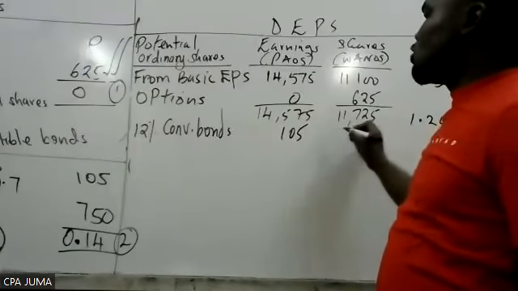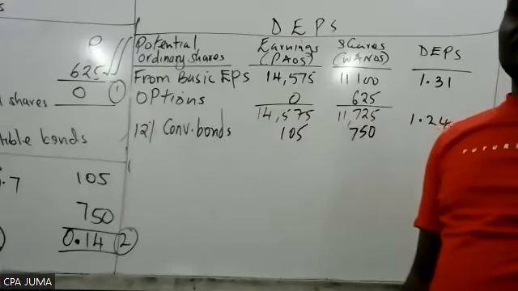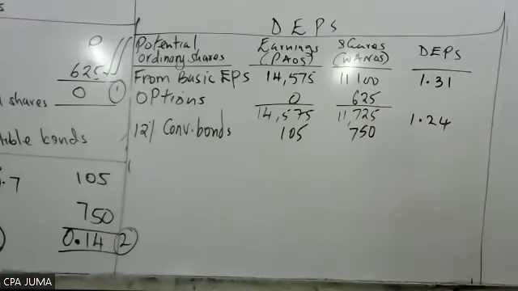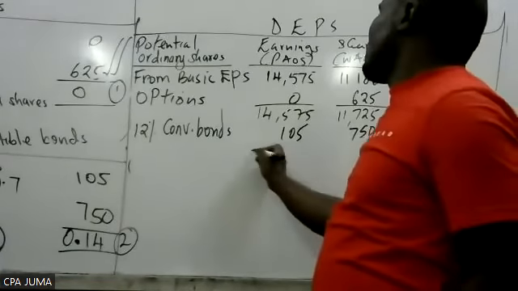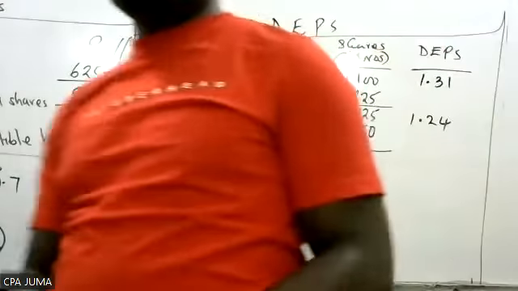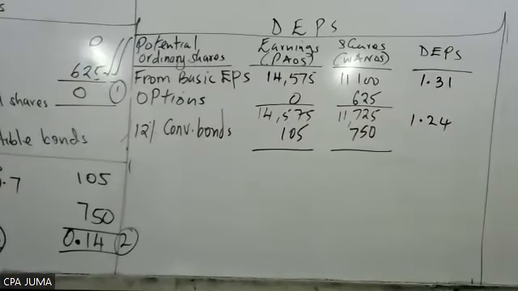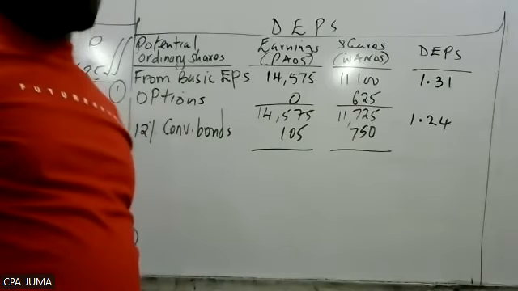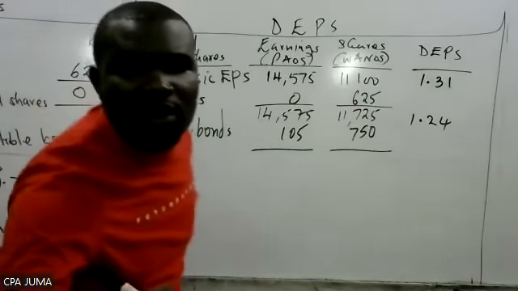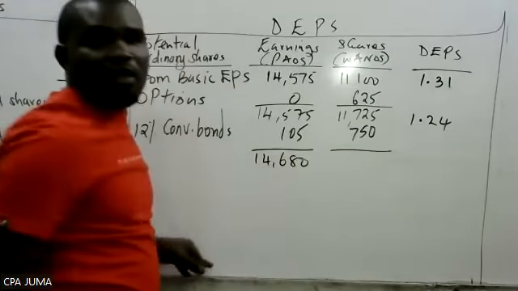Then incremental shares will be 750. So get the new position. Get the new position. So new position is 14,680. The other one?